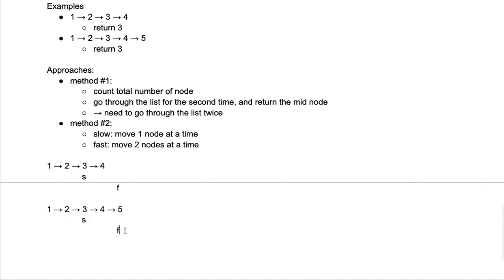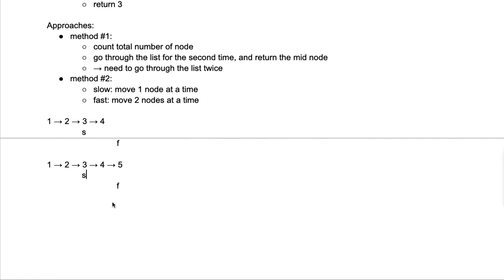Then we find that the next node of F is null, so fast should not move forward anyway, and we return S at this time. So what is the time and space complexity? As we iterate through each node once, time is O(n), and space, we're not using any extra space, so it is O(1).